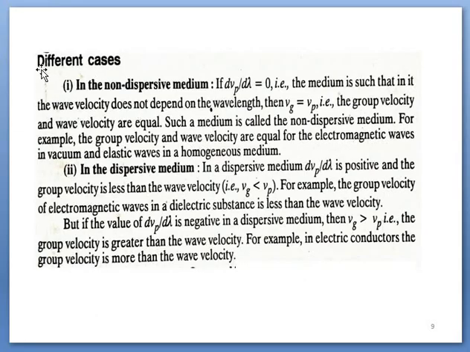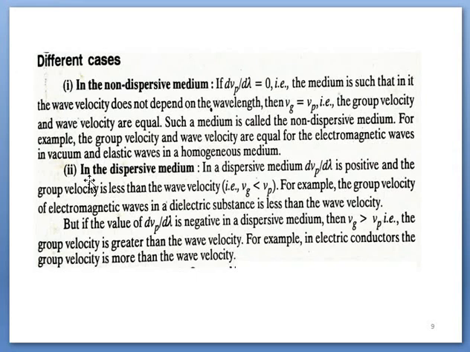That kind of medium is known as a non-dispersive medium, and in this medium these terms will be equal. It can be understood as when electromagnetic waves are in vacuum or elastic waves in a homogeneous medium, then even with a wave packet, the velocity of that packet will be equal to the velocity of the individual waves.